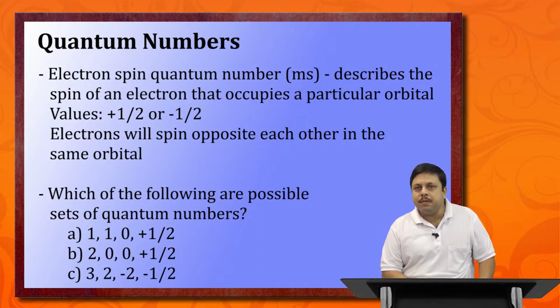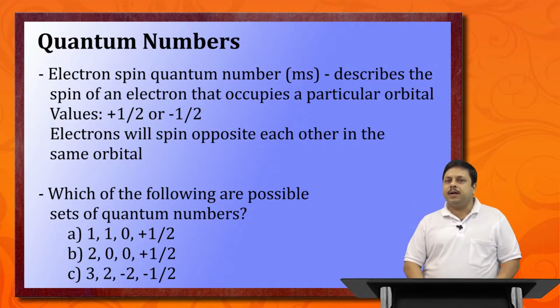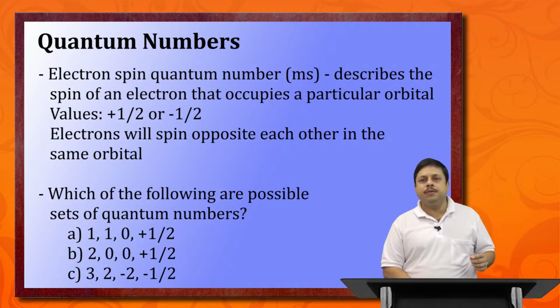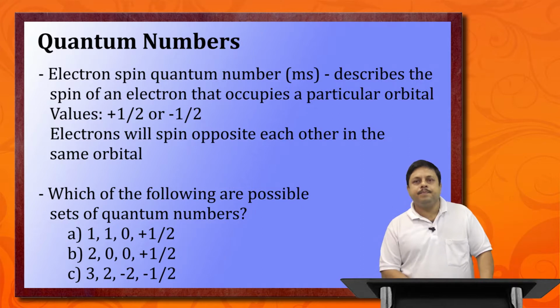So option A is incorrect, since n equal to 1 is always associated with only one specific value of L, that is L equal to 0. But the other two possibilities can exist.